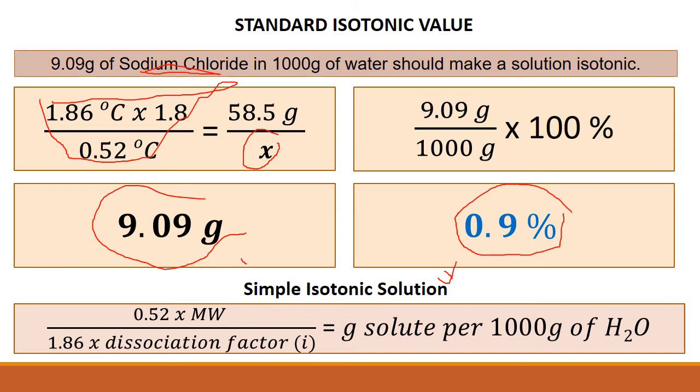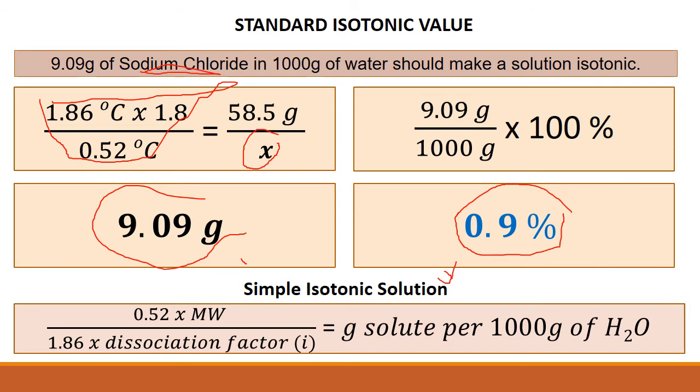So, we have here 1.86 degrees Celsius times our 1.8, the dissociation factor, over 0.52 degrees Celsius is equal to 58.5 for the molecular weight of our sodium chloride times X. Okay, so we have to get this, we have 9.09 grams.